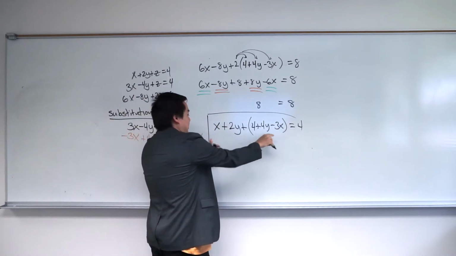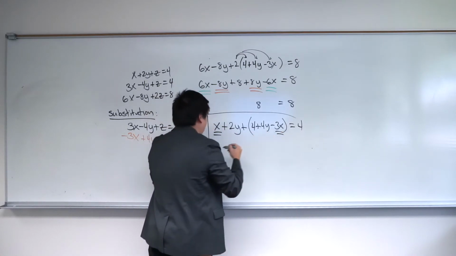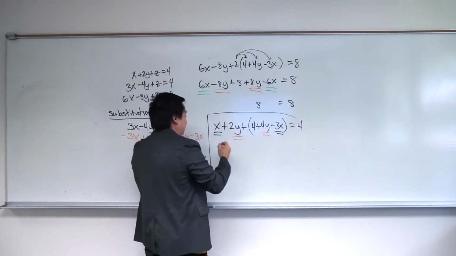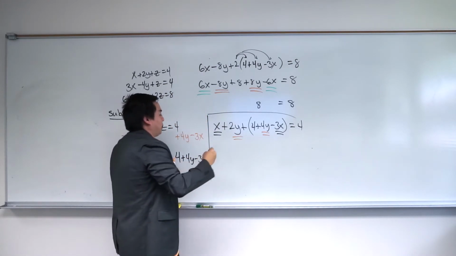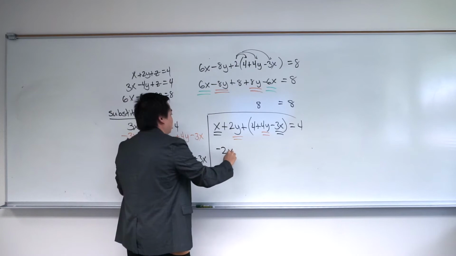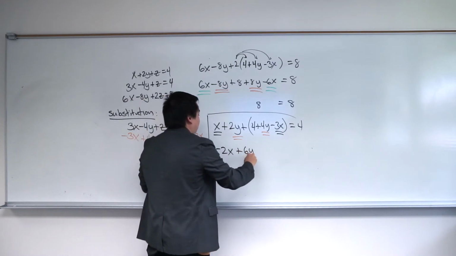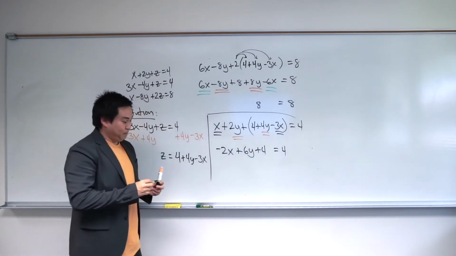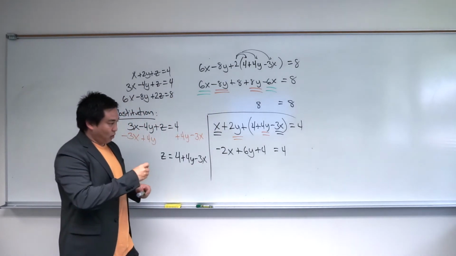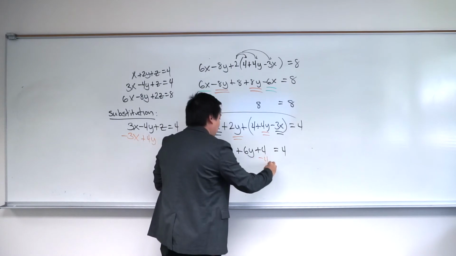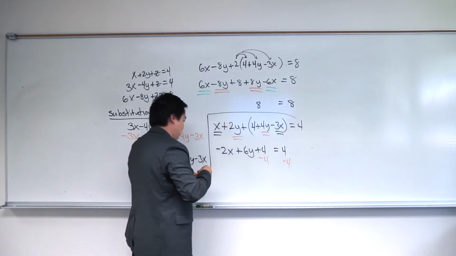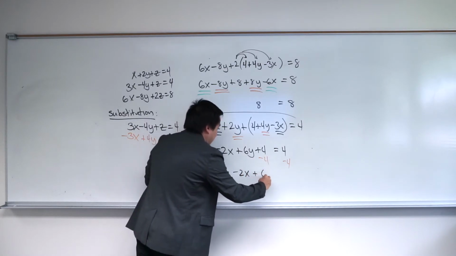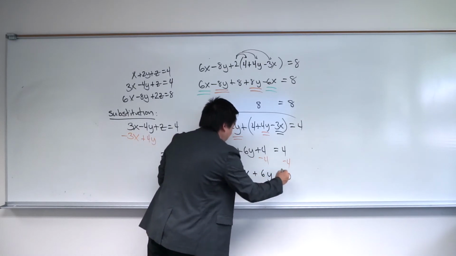So these two add together, and these two add together to give you minus 2x plus 6y. You can leave the plus 4 there. It's equal to 4. Subtracting 4 from both sides gives us negative 2x plus 6y is equal to 0.